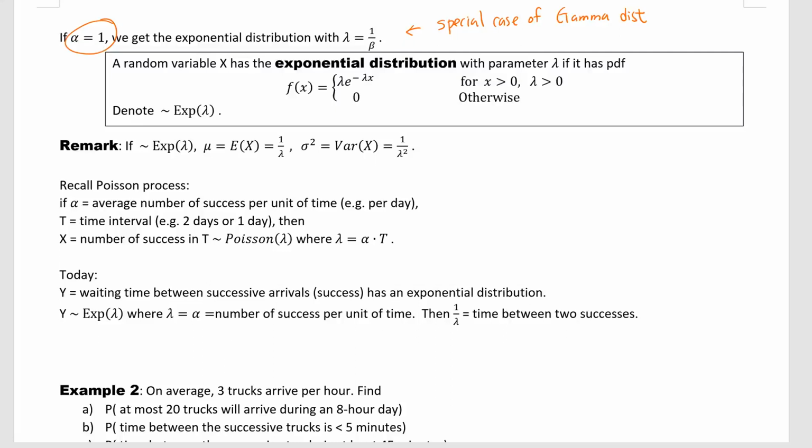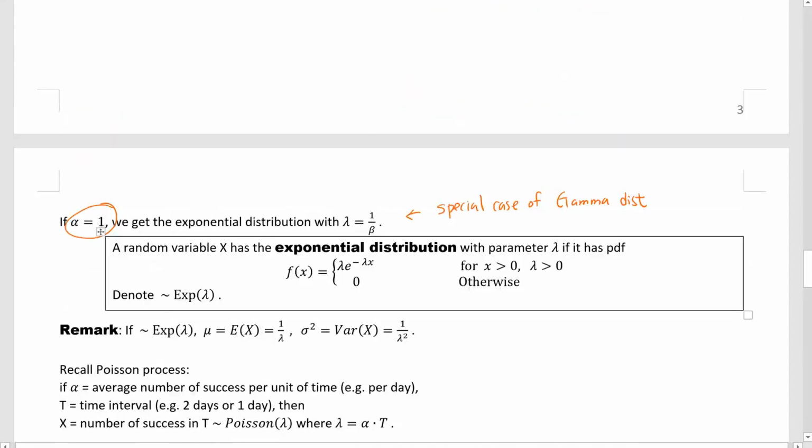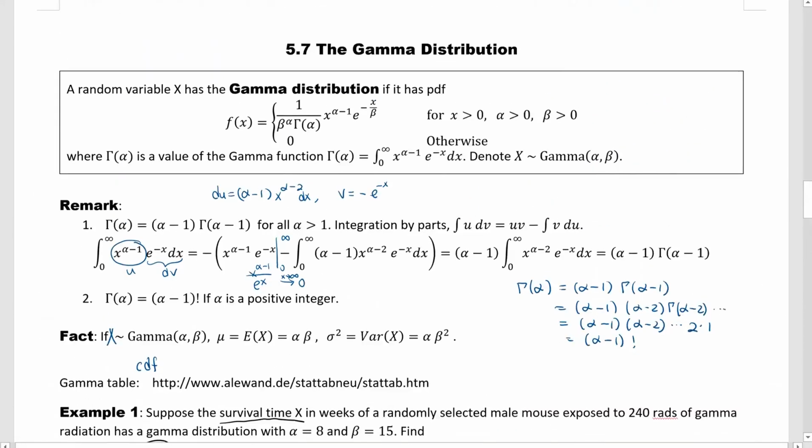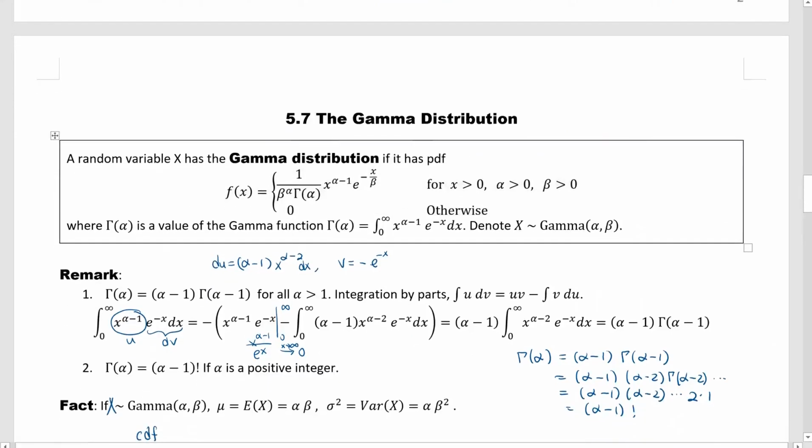A random variable x has exponential distribution with the parameter lambda if it has this PDF. You can see we plug in alpha equals 1. When we plug in alpha equals 1, the gamma function is actually 1, so this guy is gone.